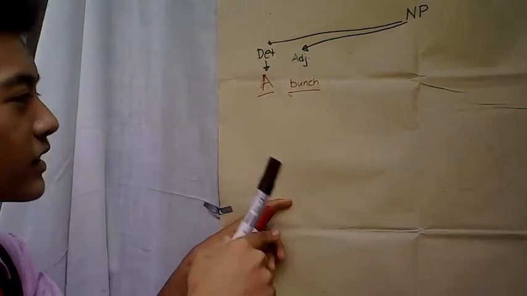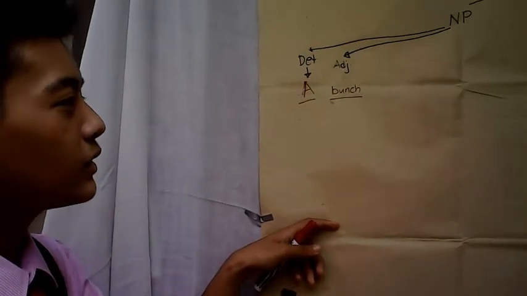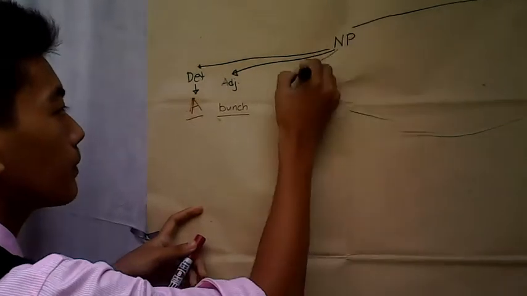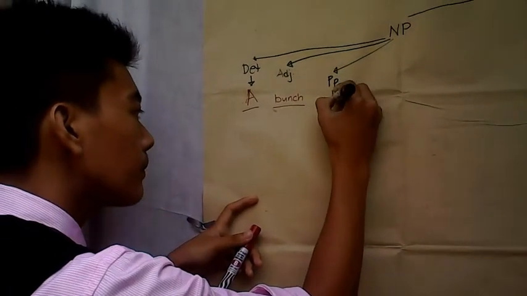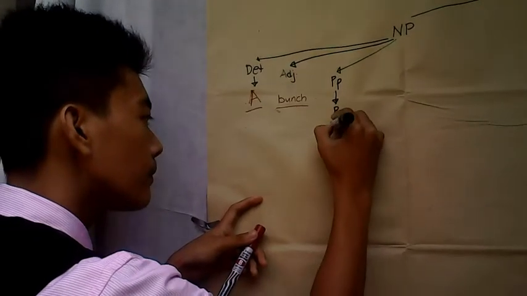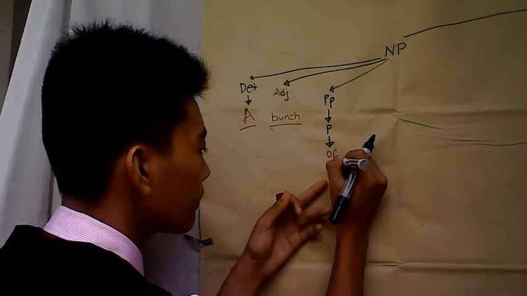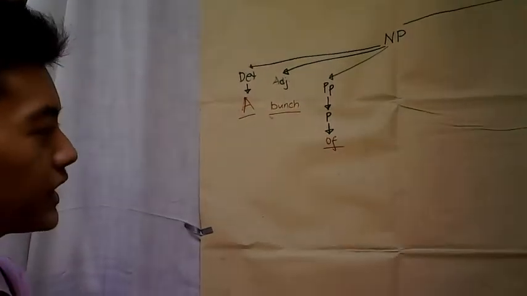The next word is of. Of is a preposition, so we will create a new phrase, a prepositional phrase. The next word is the men.